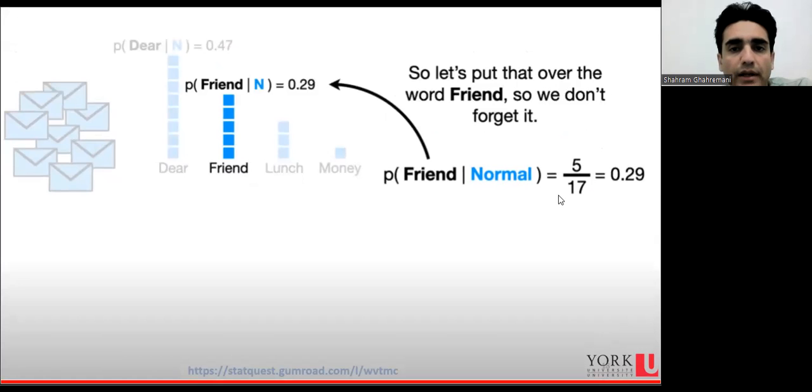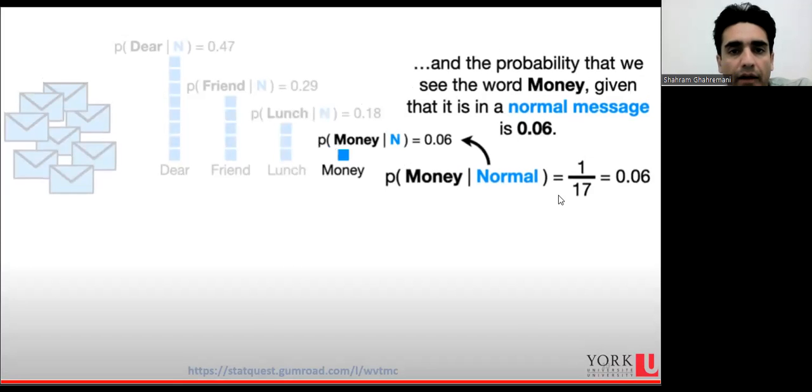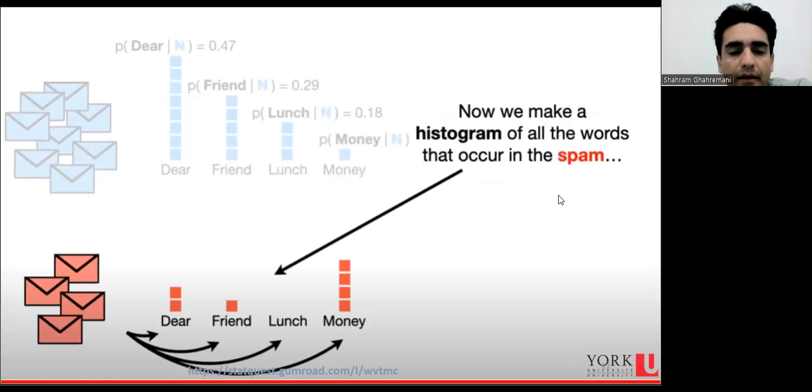So let's put that over the word friend so we don't forget it. Likewise, the probability that we see the word lunch, given that it is in a normal message, is 0.18. And the probability that we see the word money, given that it is in a normal message, is 0.06.